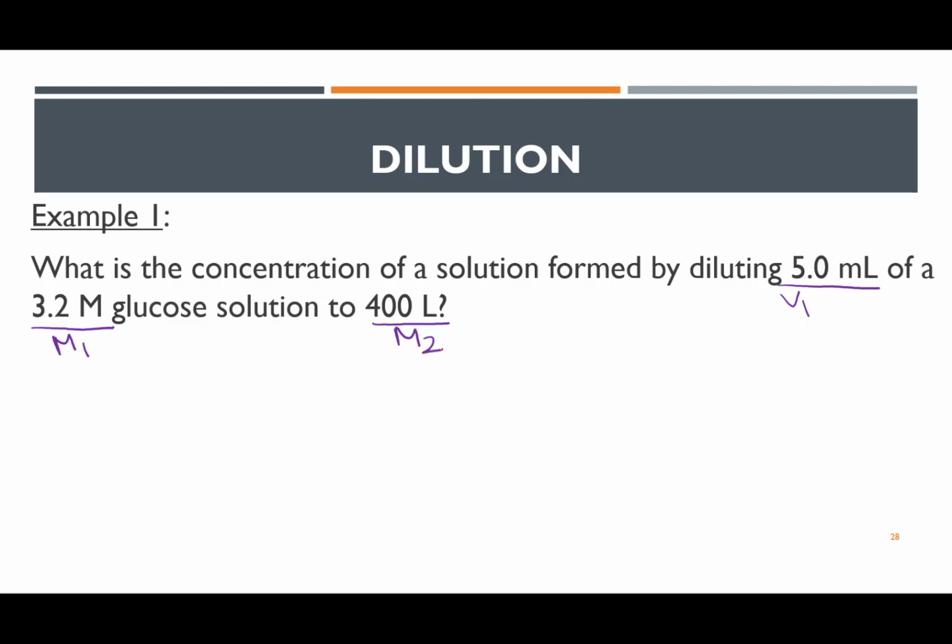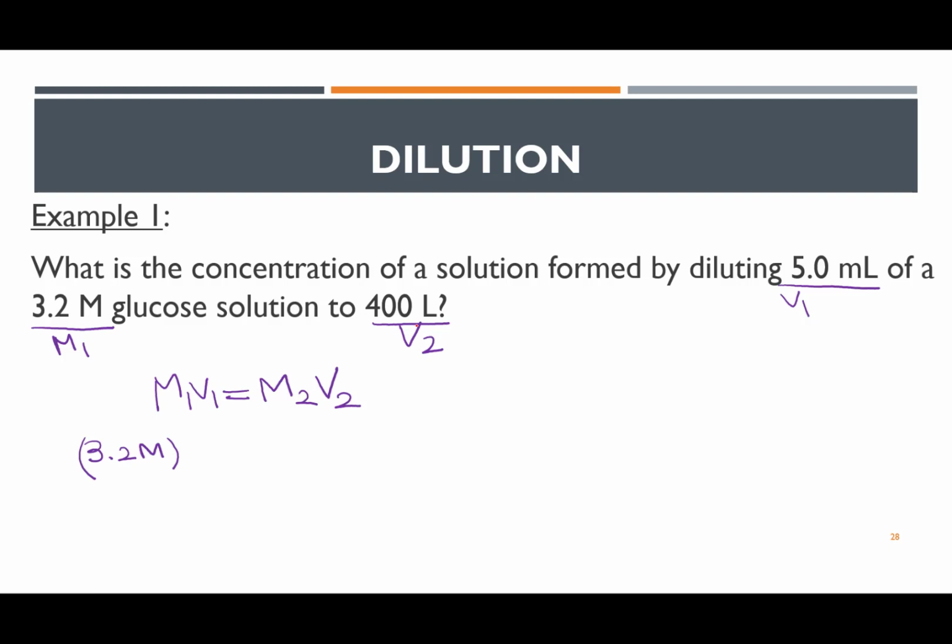M1 V1 is equal to M2 V2. Then M1 is 3.2, V1. If you look at the units, sorry, that one should be V2.